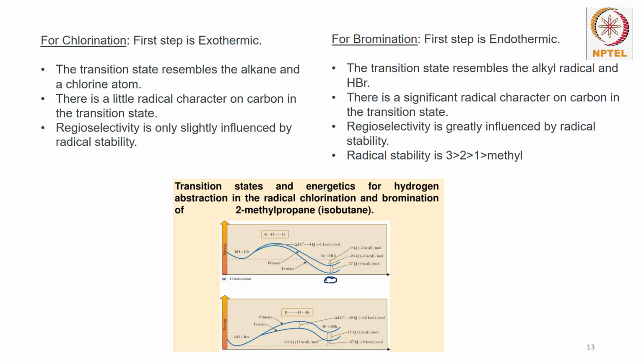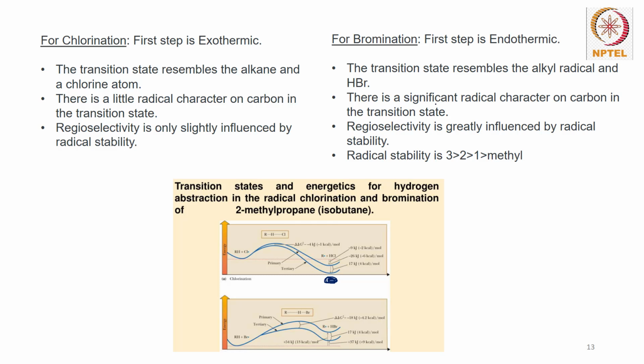So as the radical intermediate stability has no such effect, its stability will not have much effect on the transition state. Therefore, it will not choose the more stable radical or the less stable radical. The selectivity will be almost 50-50.